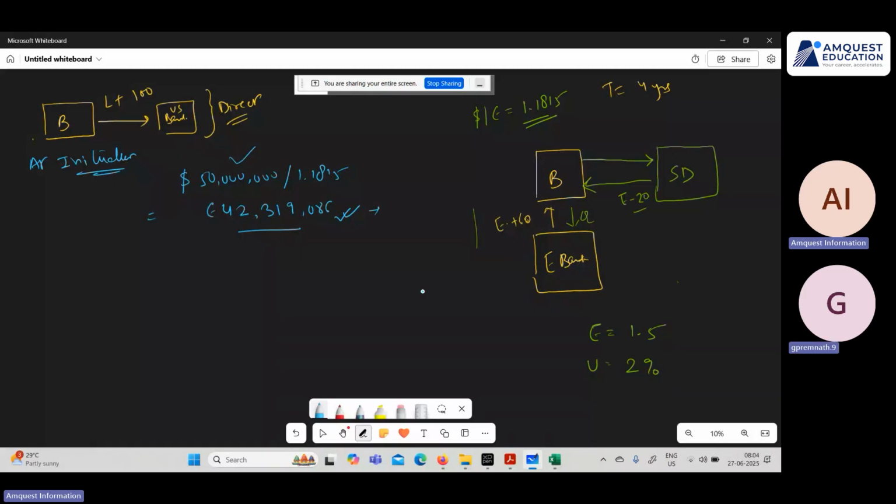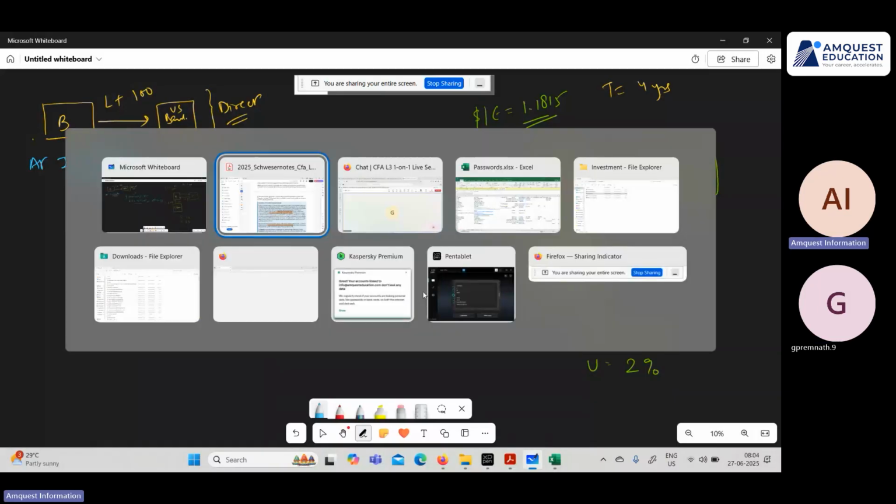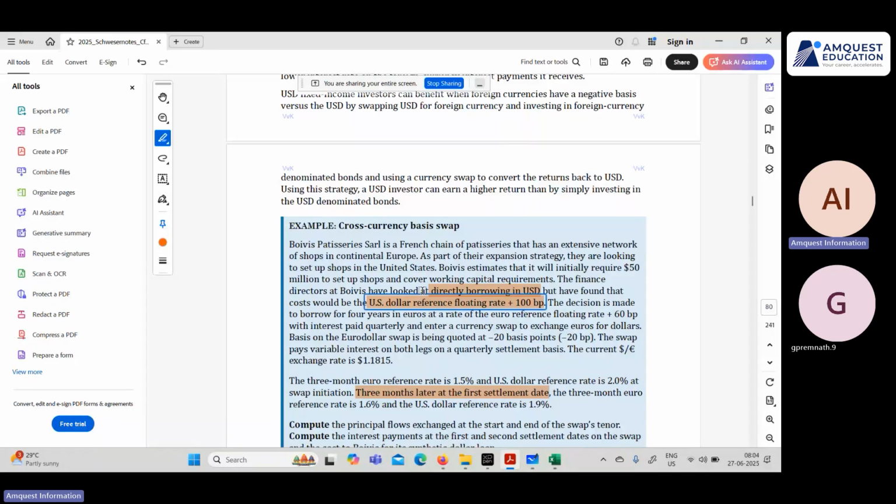So effectively, can I say that he is going to borrow these many euros at the rate of euro reference plus 60? Look at this line: the decision is made to borrow 4 years in euros at a rate of euro reference rate plus 60 bips with interest paid quarterly.